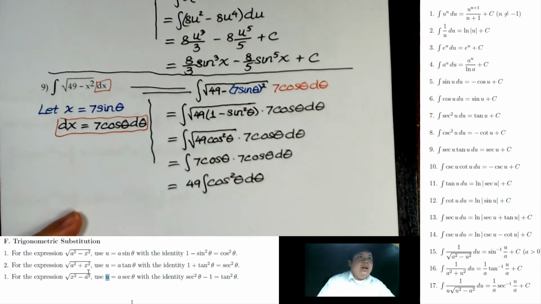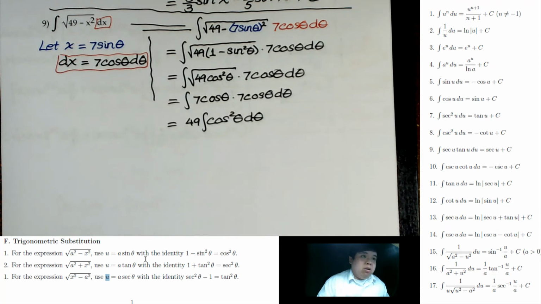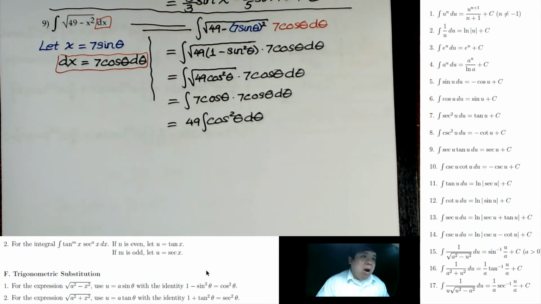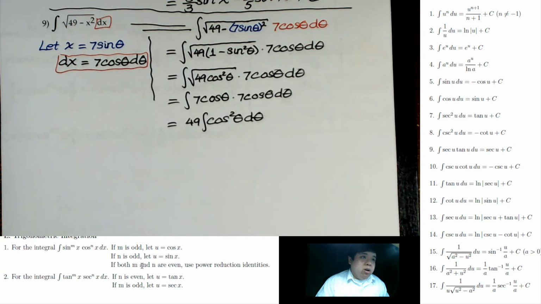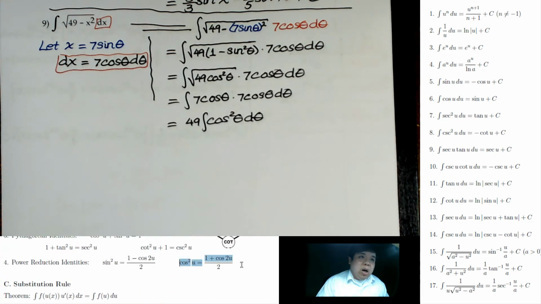Now we have a little problem. Cosine squared, unlike the last problem, we don't have an odd power. So if the powers are even, we have to use the power reduction. It will be this one.